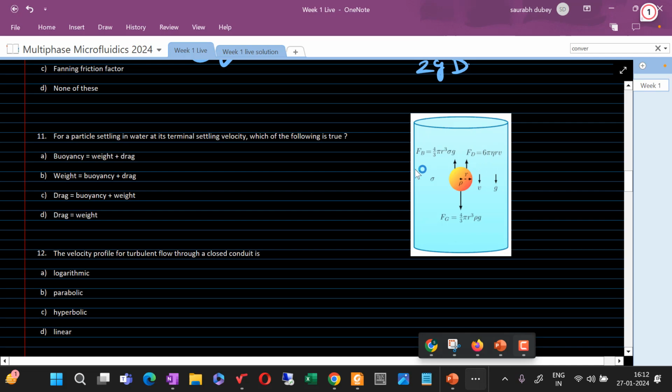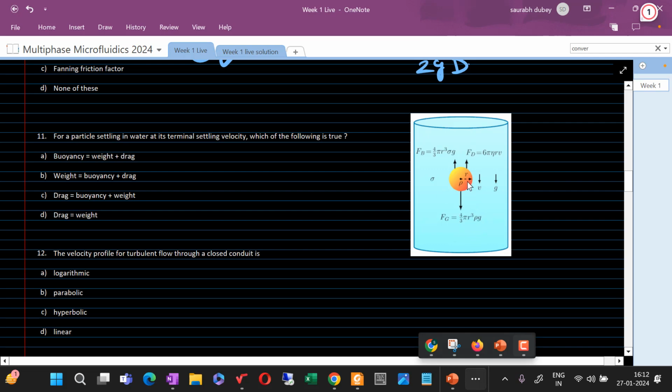The buoyancy force plus the drag force will balance the weight, which is 4 by 3 pi r cube into rho, density multiplied by the volume of the particle.